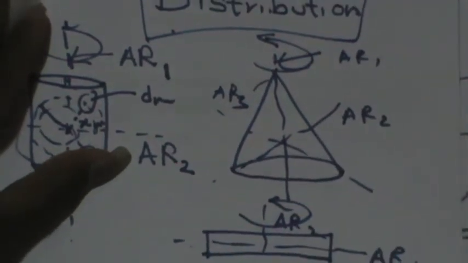So what I have to tell you is that the distribution of mass is also important in rotation about an axis, because the distance between two masses which have the same mass varies according to the axis you take.